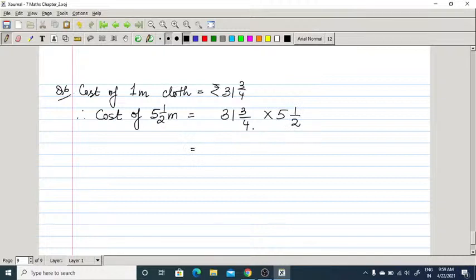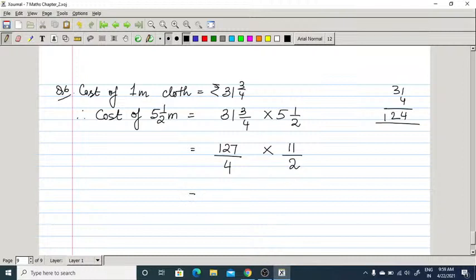Okay, so let us multiply this. Let us convert both of them into improper fractions. So 31 into 4 is 124, plus 3 is 127 divided by 4, into 5 twos are 10 and 1, 11 by 2.